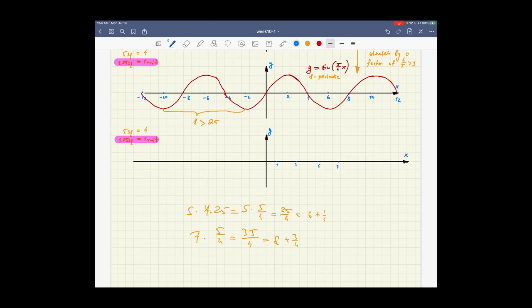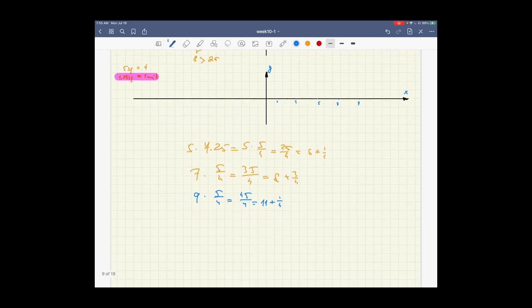Next point of interest will be 9. 45 quarters. That's 11 plus a quarter. Slightly above 11. 11 will be 55 quarters. That's 13 plus 3 quarters.